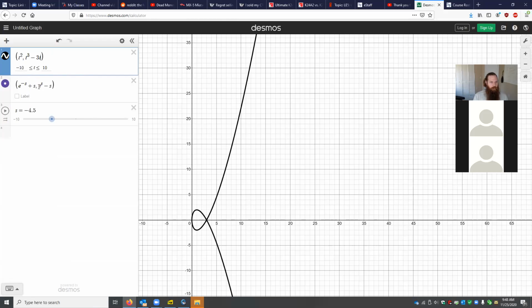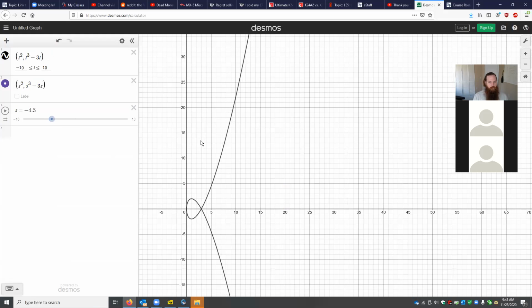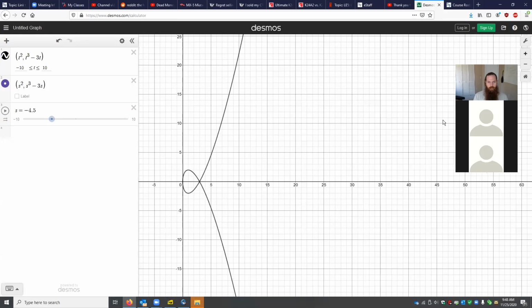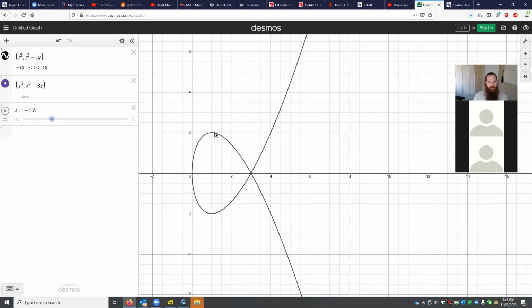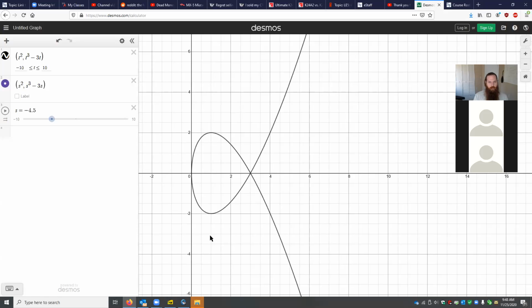I'll copy that down here just so we can watch the particle move: s squared, and then s cubed minus 3s. So here's what that curve looks like. And you can see that there is a point up here where the tangent line is horizontal, and there's a point down here where the tangent line is horizontal. And if I let my slider move, you can see the point running along here.